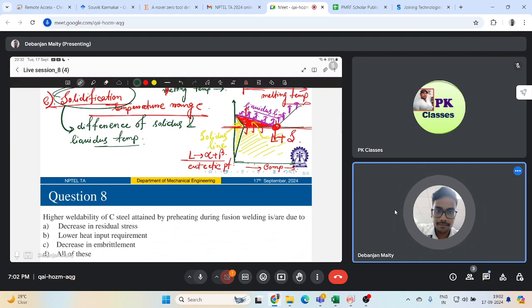If my solidification temperature range is much higher, let's say higher than 50 degrees, that will increase the cracking tendency. Any kind of cracking, it can be solidification cracking or liquefaction cracking. Those two different cracking types I talked about in my previous lecture. So if my solidification temperature range is much higher, it will increase my cracking tendency, right?